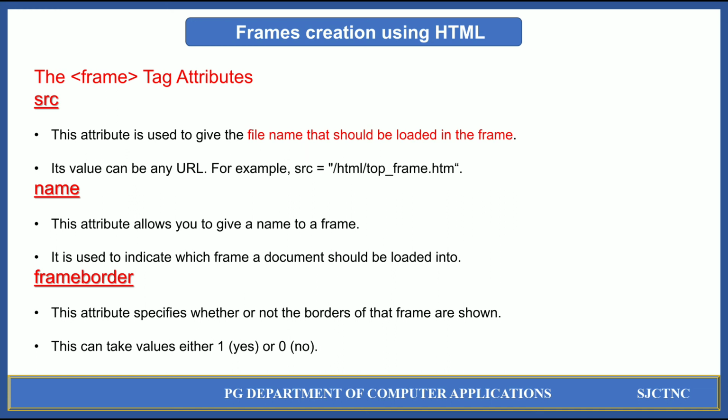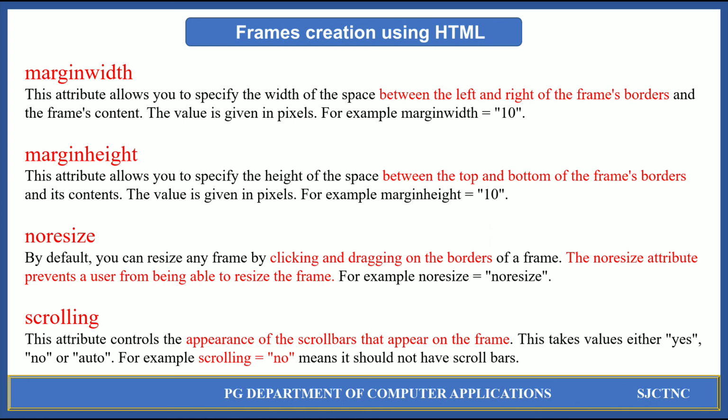This attribute allows us to give a name to the frame. We can mention a name for that particular frame. Then frame border. This attribute specifies whether a border will be displayed or not. If it is 1, a border will be displayed. If it is 0, there is no border at all.